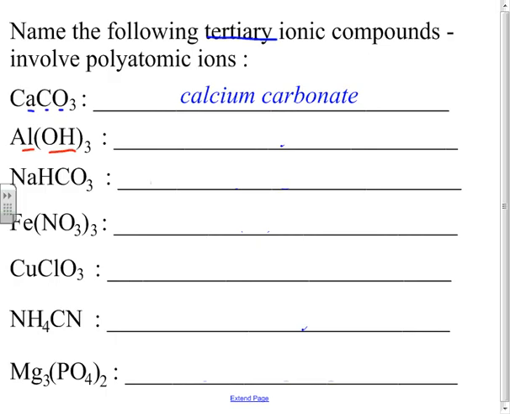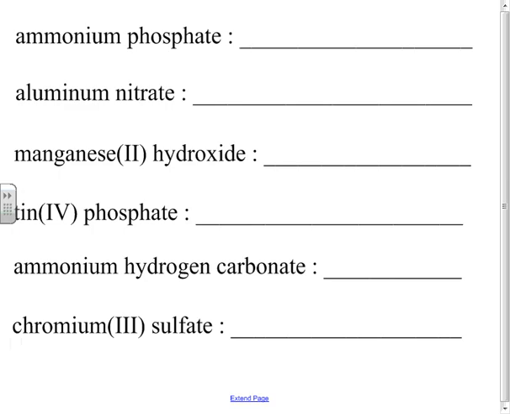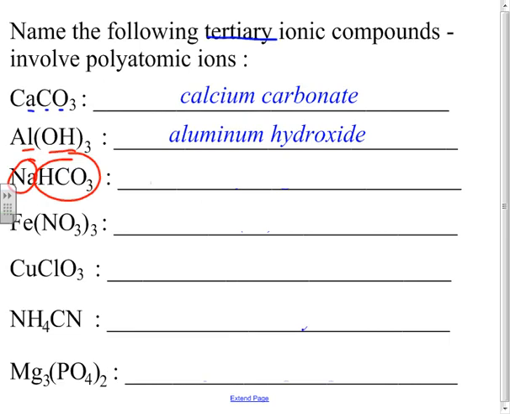And so this compound is made up of the aluminum and the hydroxide, aluminum hydroxide. Next one, this is the sodium, and this from your polyatomic ion table is the hydrogen carbonate or bicarbonate polyatomic ion. So the name of that compound is sodium hydrogen carbonate or sodium bicarbonate.